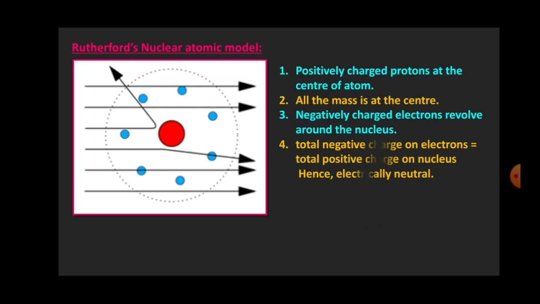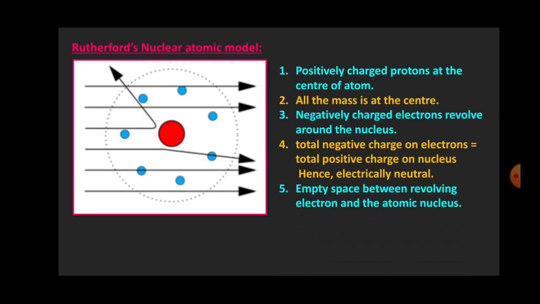So in short, we will just go through Rutherford's nuclear atomic model. First point: positively charged protons are at the center of the atom. Second, all the mass is at the center. Third, negatively charged electrons revolve around the nucleus.